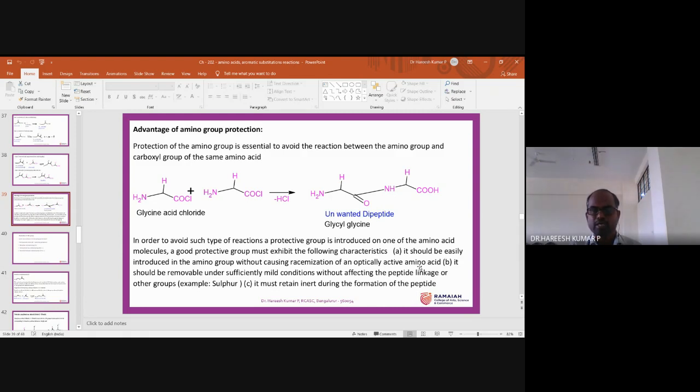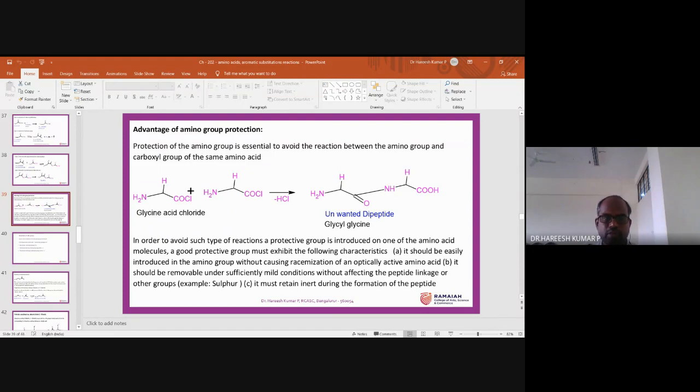So what is a protecting group? A protecting group should be easily introduced to the amino group without causing racemization of the optically active amino acid. It should be removable under sufficiently mild conditions without affecting the peptide bond, and it must remain inert during the formation of the peptide.